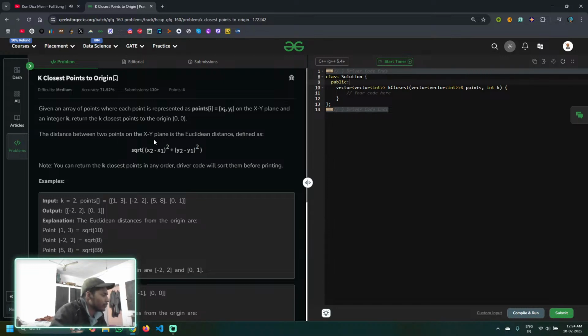I get the approach, but how do I write the code for this question? It's a priority queue question. How can I store the points?